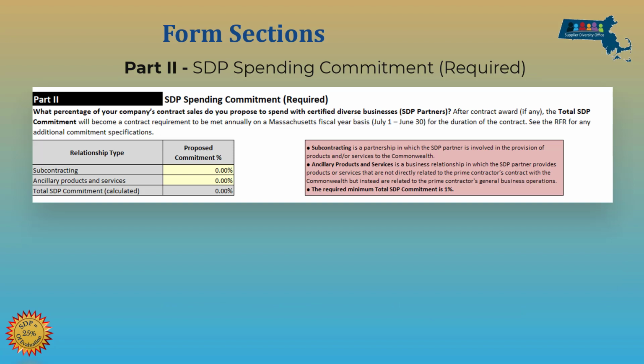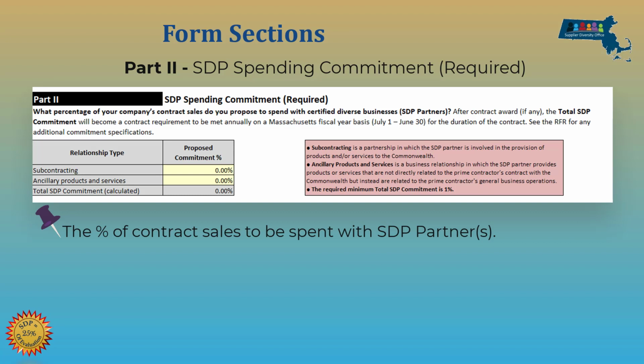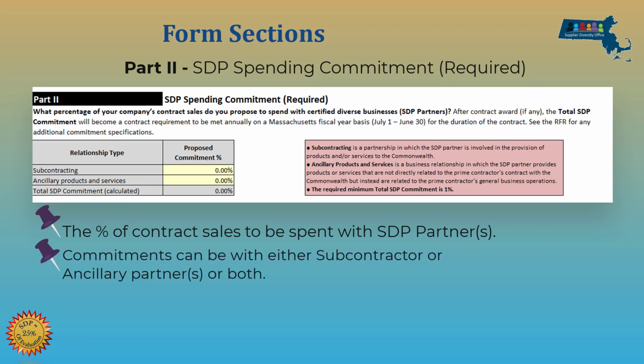Part 2 of the form is the most important section and is the SDP Spending Commitment. As a bidder, you are required to list a commitment. The commitment represents a percentage of your contract sales you will spend with SDP partners. You can break down your commitment spend between subcontractors and ancillary partners.